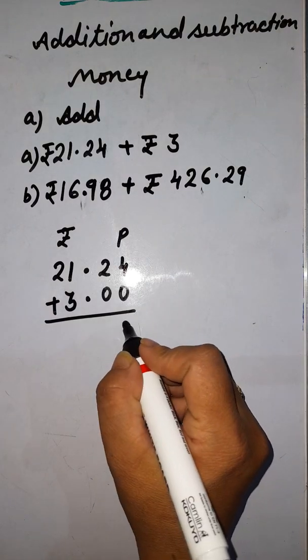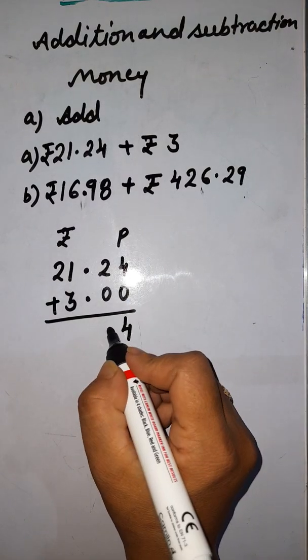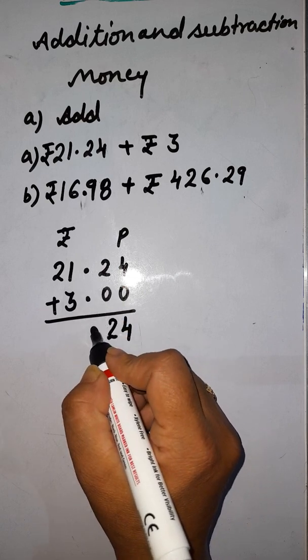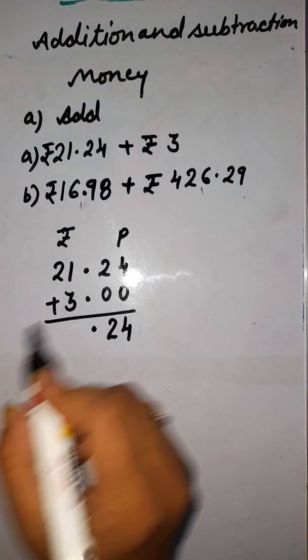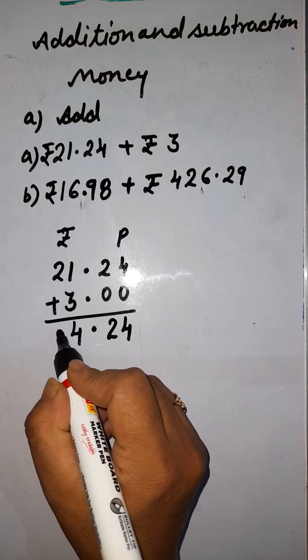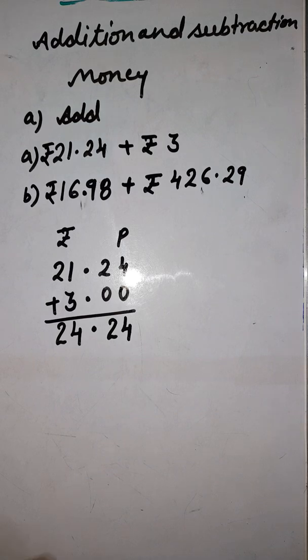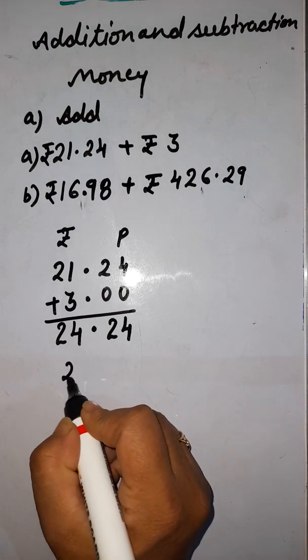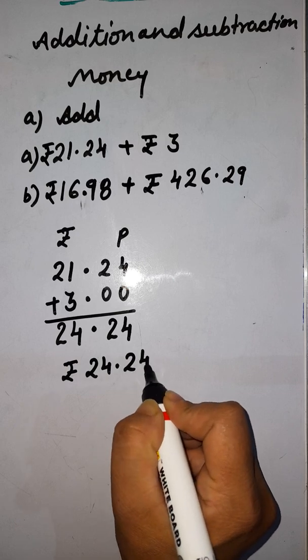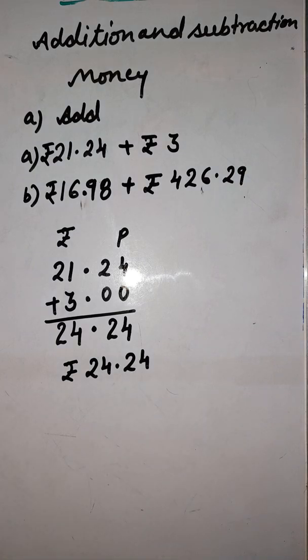4 plus 0, 4. 2 plus 0, 2. We have decimal point here. We'll put the decimal point. 3 plus 1, 4. 2, 2. Now the answer is rupees 24.24. Fine.